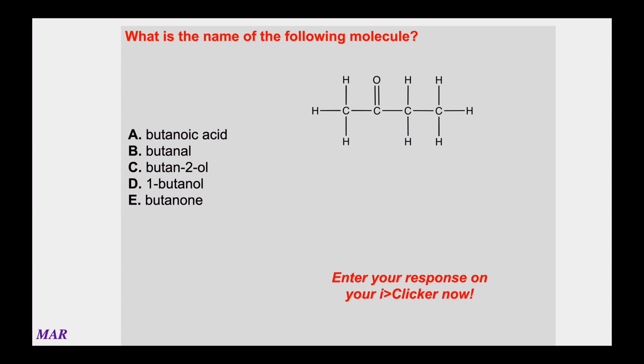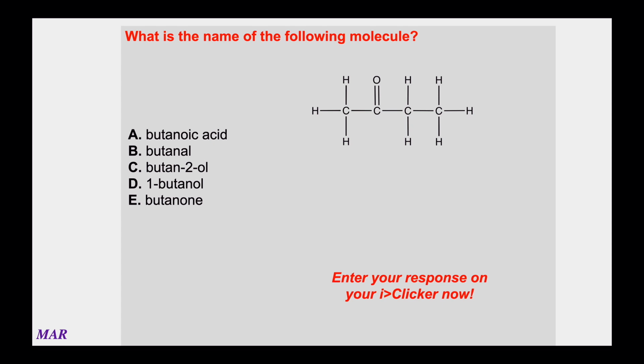Let's disqualify A as well. Butanoic acid is an example of what's called a carboxylic acid. We'll look at those in a little bit, but we haven't done that yet, so it's not butanoic acid, needless to say. So really this question comes down to the fact, is it an aldehyde or is it a ketone?